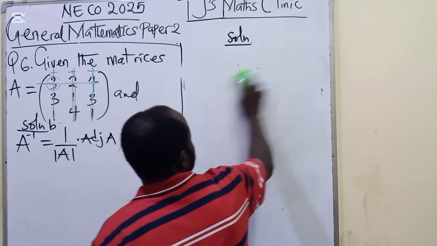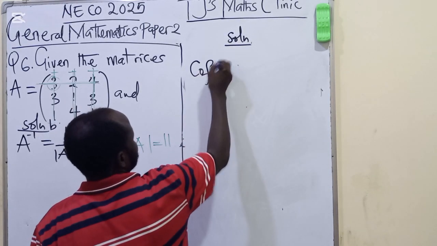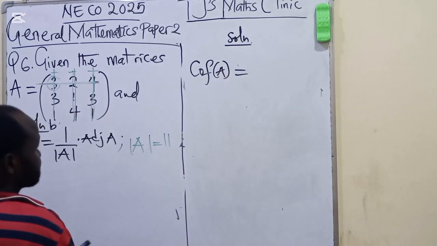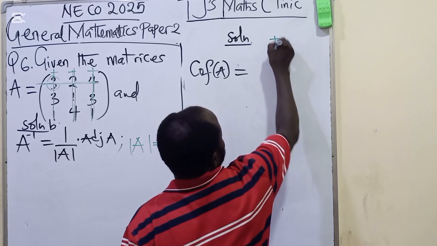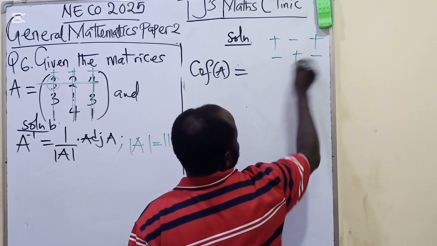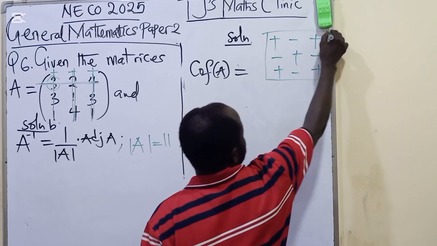The cofactor of A now will be equal to, very important, to find the cofactor we have to understand this concept. We have plus, minus, plus, minus, plus, minus, then plus, minus, plus. This is the key we are going to use.